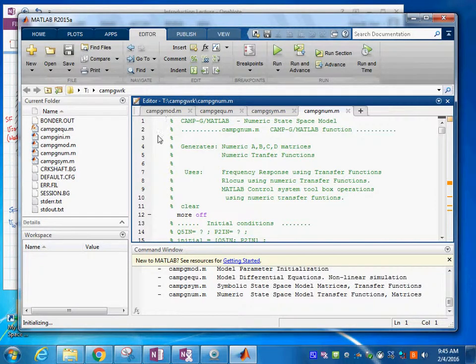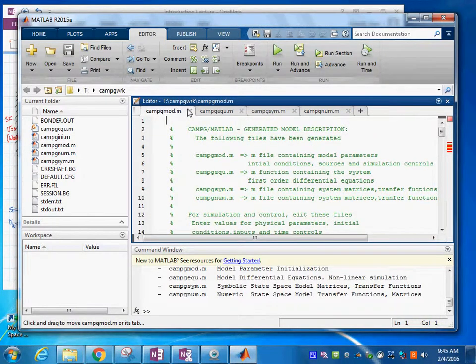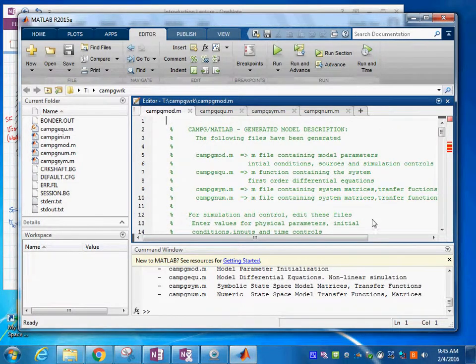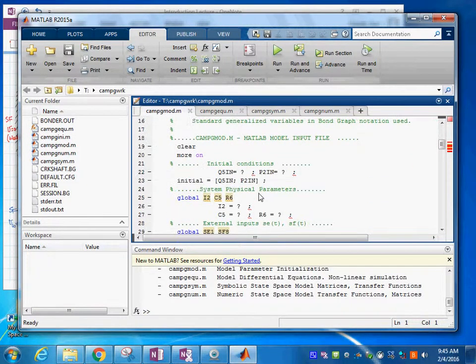So there are 4 files in here. Right now we need to worry about CamG, CamG EQU, but mainly a CamG mod file. See what it says in the initial conditions. These are 0.